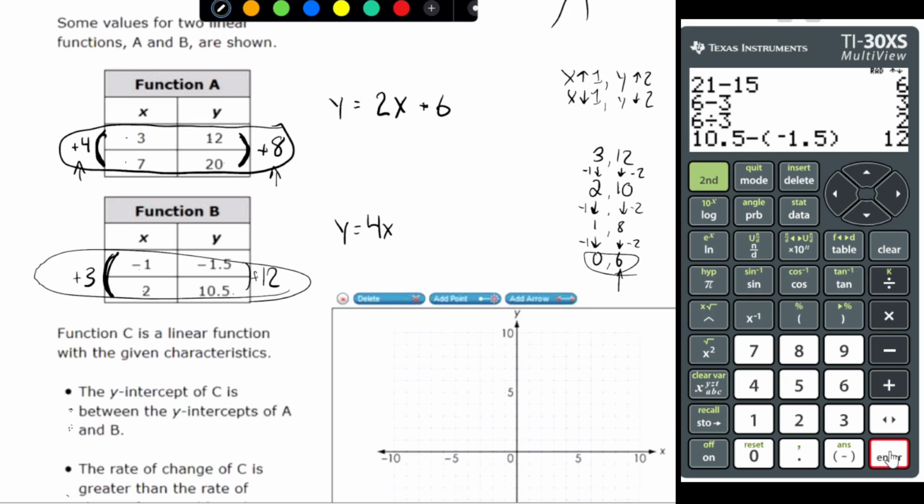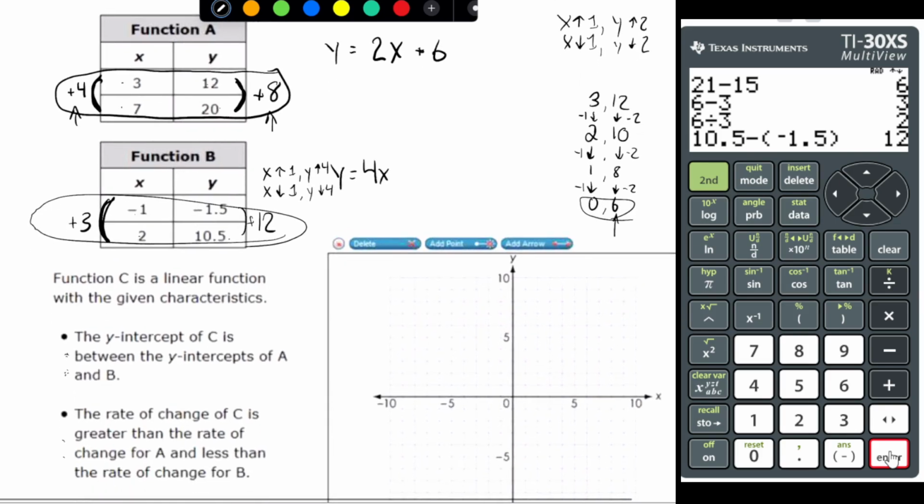Meaning that for every time x goes up 1, y goes up 4. And for every time x goes down 1, y goes down 4. So we need to recreate the y-intercept. Okay? So let's start at -1, comma, -1.5.